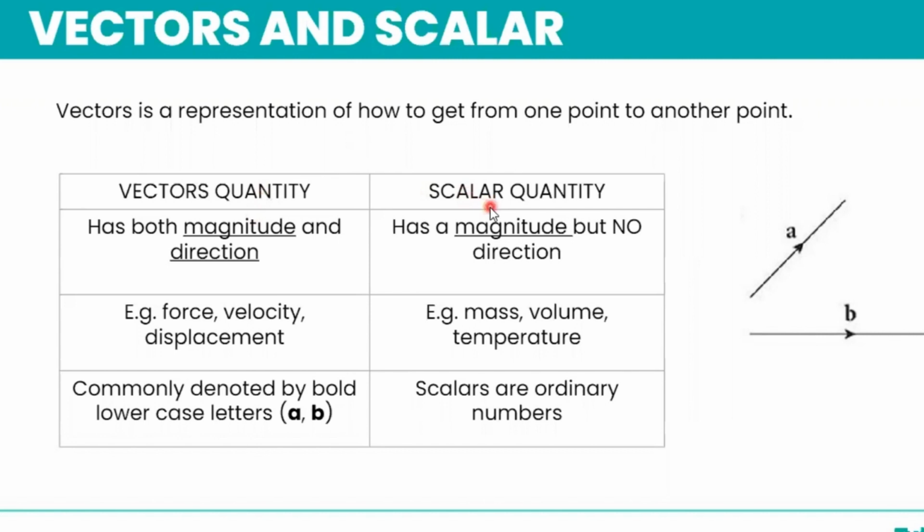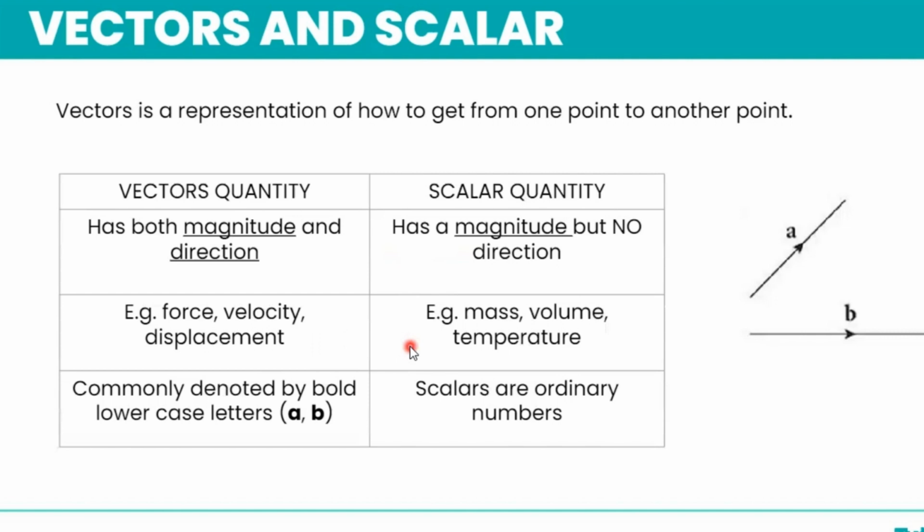The difference is that vectors have a magnitude and a direction specified, while scalar quantities have only a magnitude but no direction. Examples of vector quantities include force, velocity, and displacement, while examples of scalar quantities would include mass, volume, and temperature.